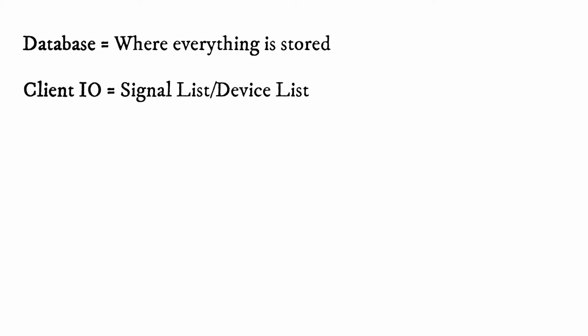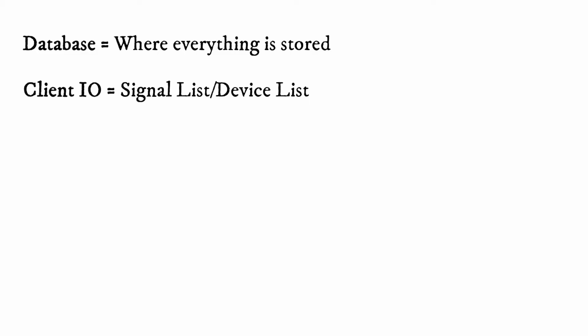So in iDefine there's something called client I/O, and you can imagine client I/O as your signal list or device list, however you want to imagine it, but you can store individual signals, give them their parameters. If it's, for example, an analog signal which has a range that it operates in, so it's measuring something in certain units and you want to add a range to it, then you can create a column which has a max and a min, and it will operate in those ranges, and so you can specify the parameters of signals.